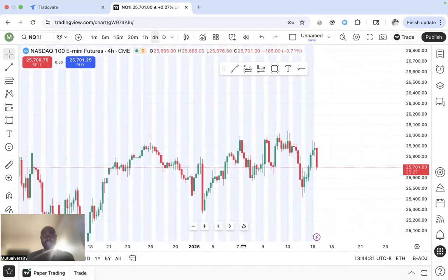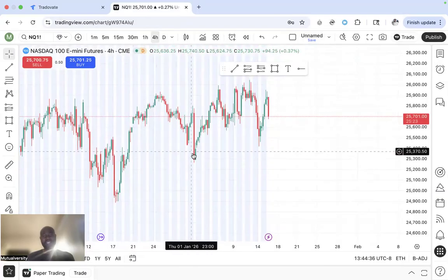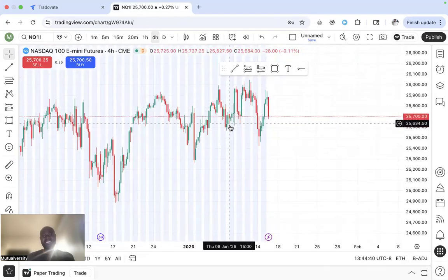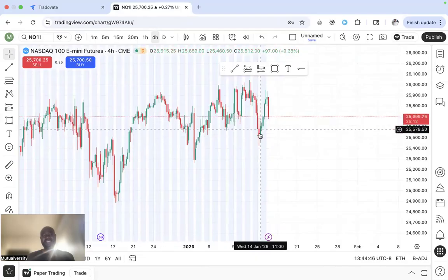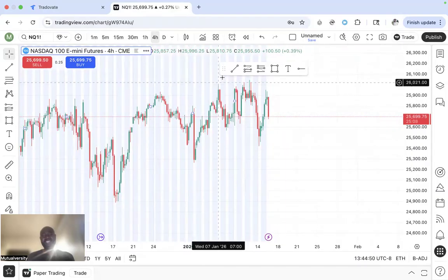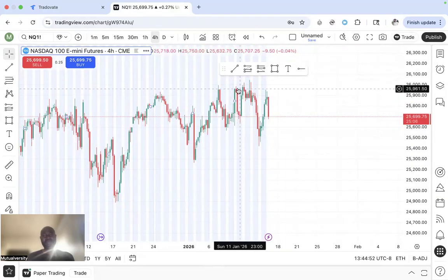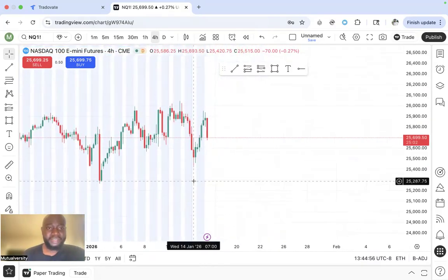Well, if you look at it, it is pretty much an uptrend, higher high, higher low, higher high, higher low, higher high. It made a lower low, but if you look at the overall trend, it's higher highs and higher lows, if you skip all of this. So indeed, it's still an uptrend.